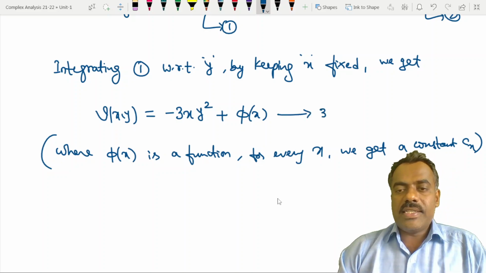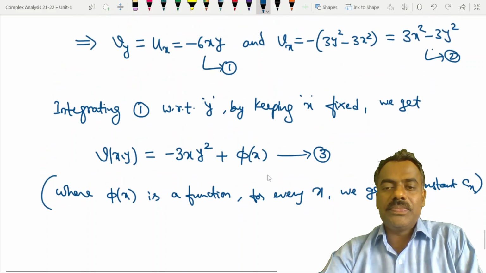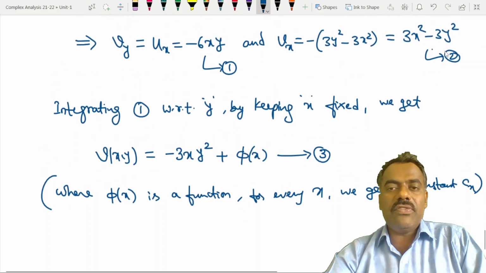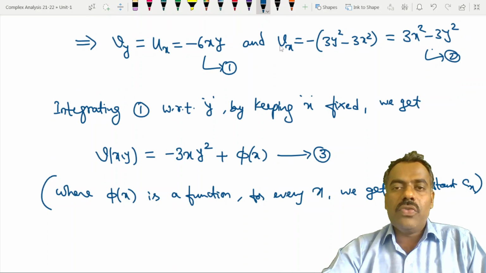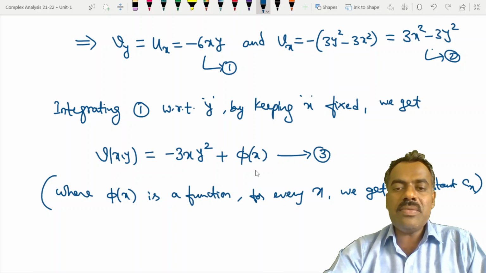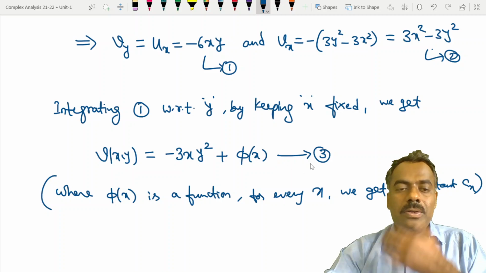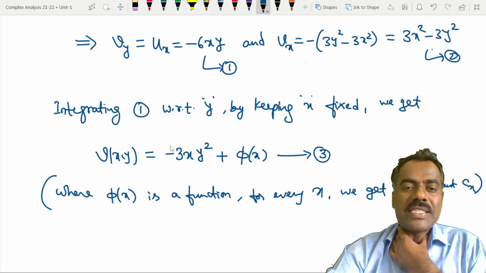Now take this as 3. How can we find this phi x? Can we relate this now with the second equation? We know exactly what is Vx, and here we have the function V, but it involves an unknown. We want to find that phi x. So what we can do is differentiate this 3 with respect to x, keeping y fixed.